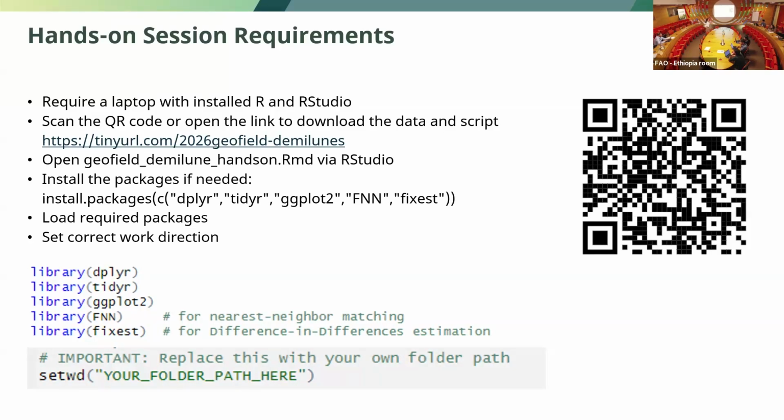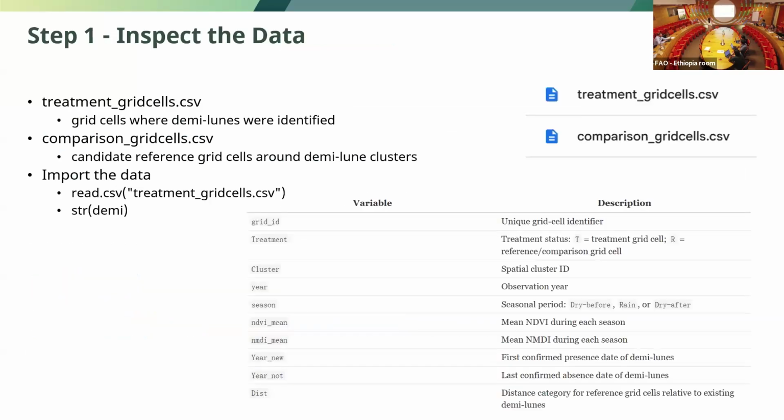Okay. I will move on to the next step. Familiarizing ourselves with the data set before running the analysis is a significant step, right? In the folders you downloaded, there are 2 CSV files. Those contain the remote sensing indices for the treatment grid cells and the candidate comparison grid cells.